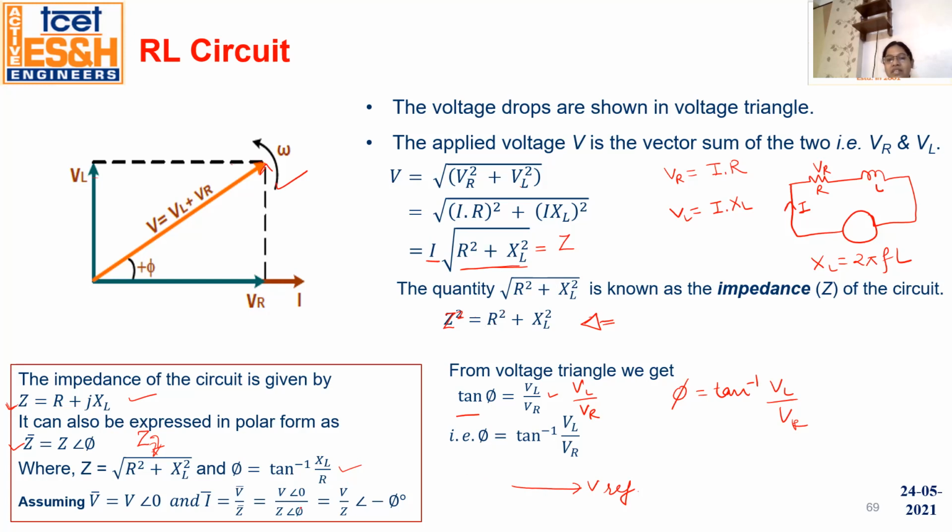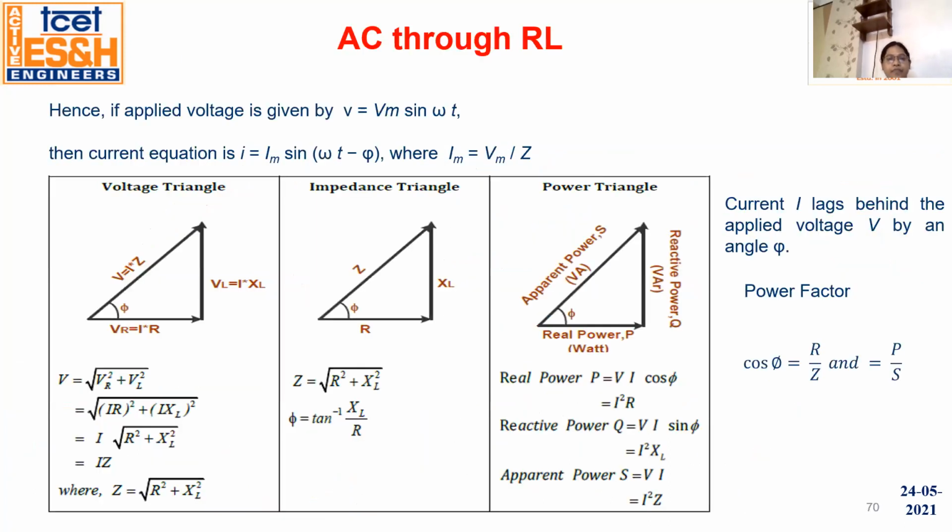Now Z is having some angle phi, so I is having the angle of minus phi because phi is going to the denominator. So I is V by Z at minus phi. So you can draw it like this, phi and this is V for the RL circuit.